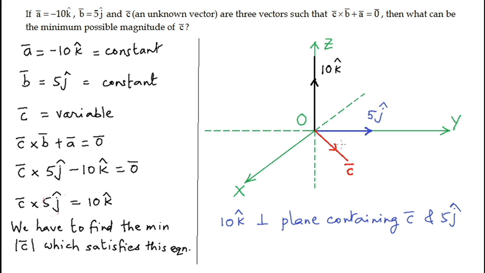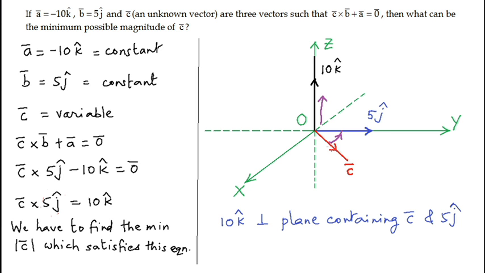So you have to use your imagination. If you curl the fingers of your right hand, or you imagine that you do that, from the first vector C bar to the second vector 5j cap, in other words, curl the fingers of your right hand in that direction through the smaller angle separating them, and then you stretch your thumb, clearly, if you do it rightly, then your thumb will point in this direction.